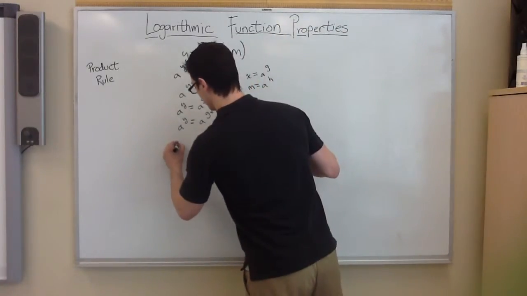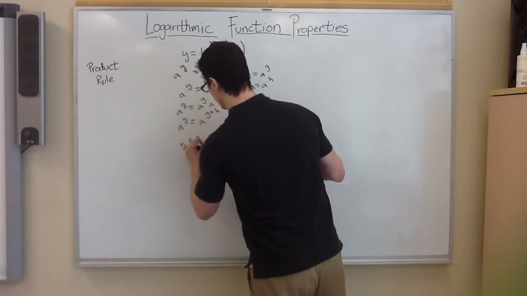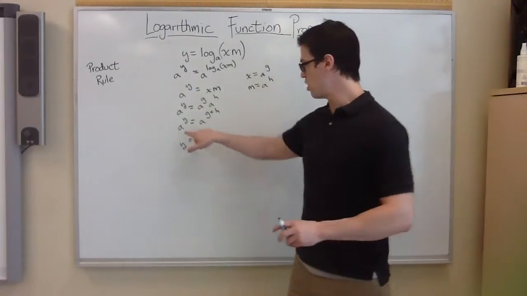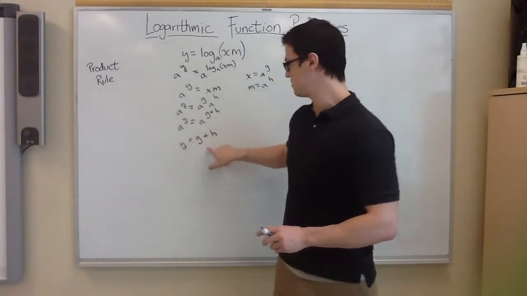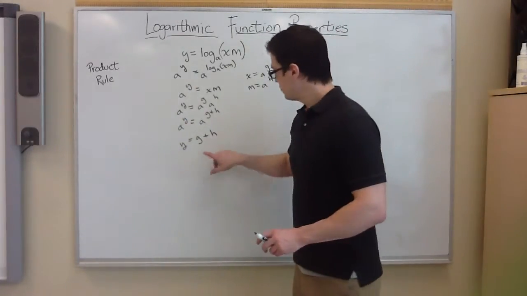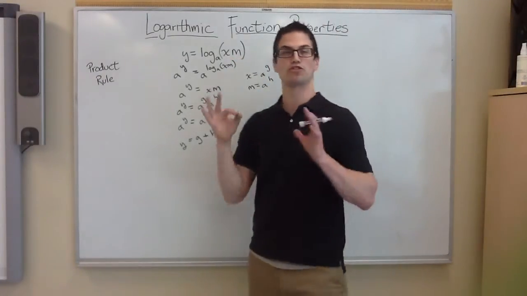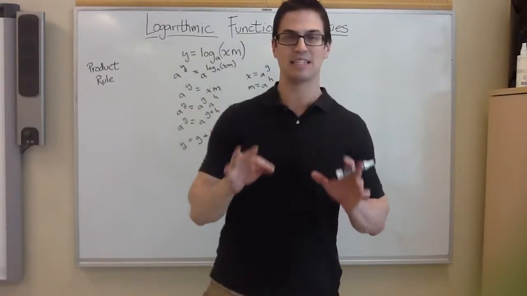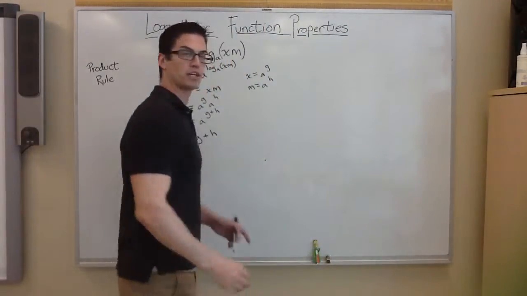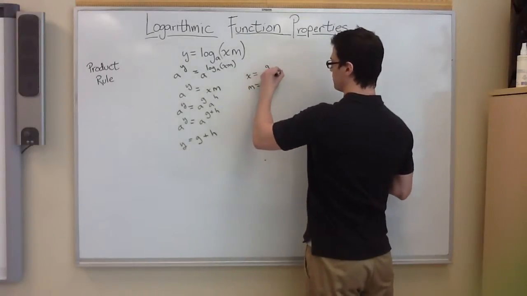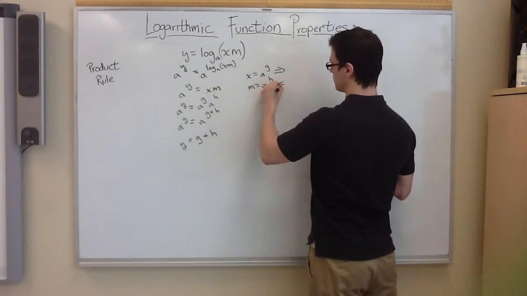So you end up with y is equal to g plus h. It canceled out those a's. I took the log base a of both sides, it canceled out the a's and dropped it down. Now we need to have this in terms of x and m because that's what we started with. It has to be in the same terms. So we're going to resubstitute, but we need to solve for what g is equal to and for what h is equal to.